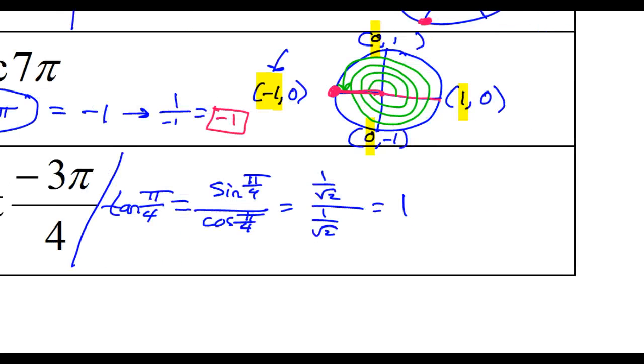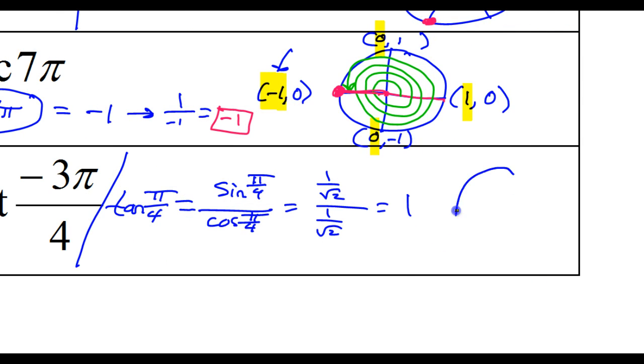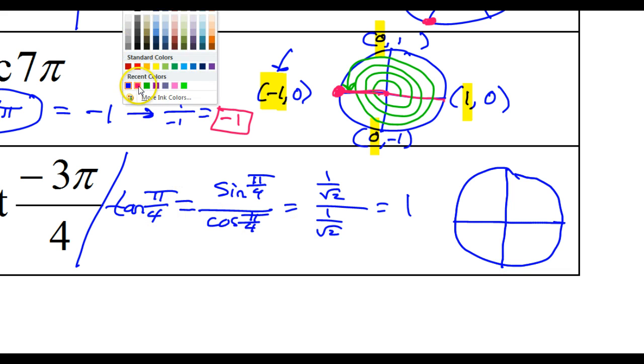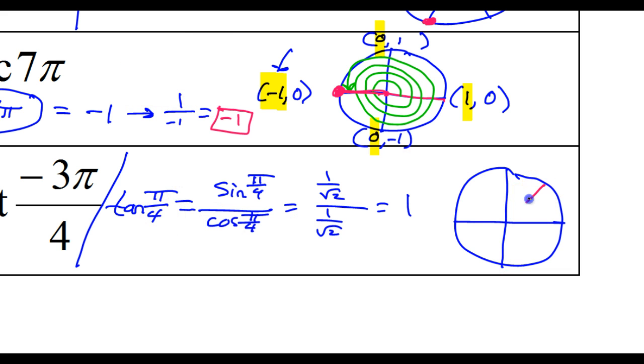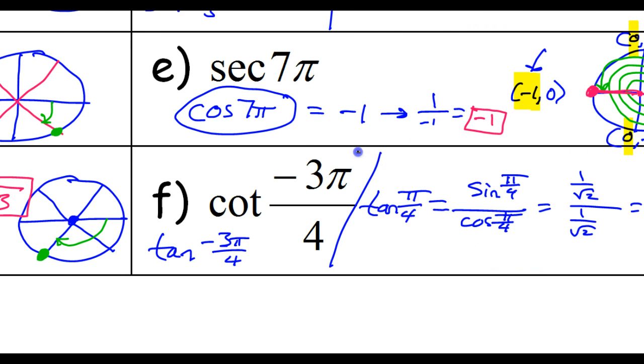So before I get too carried away, let me look at my unit circle one more time. Okay? I'm dealing in pi over 4, so I'm going to draw pi over 4. So this is what pi over 4 looks like. Now, looking back at the original angle, it's negative 3 pi over 4.